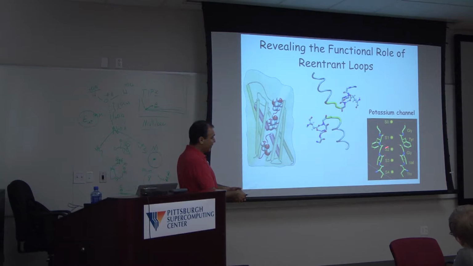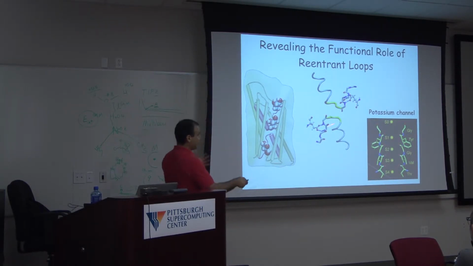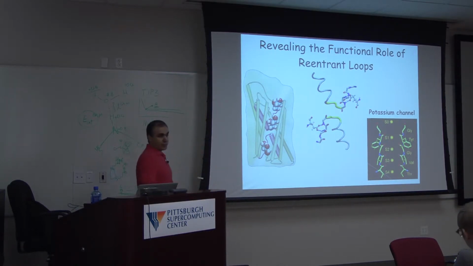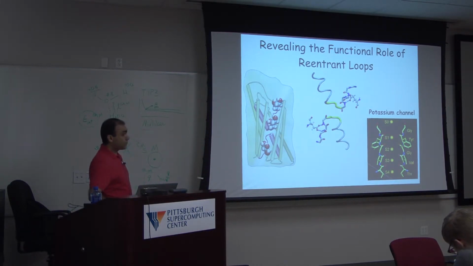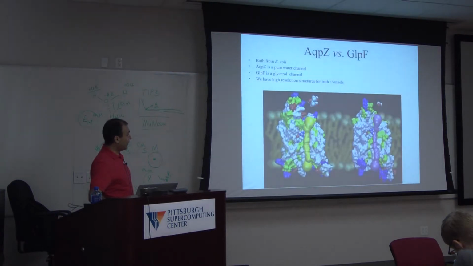And then even there, you see that there are 2 glutamates behind each stretch that are important for keeping the arrangement of the carbonyls. So we seem to have discovered a very similar arrangement in water channels.